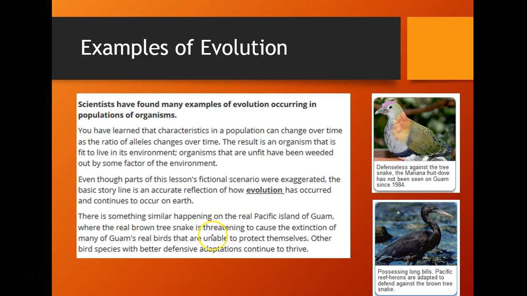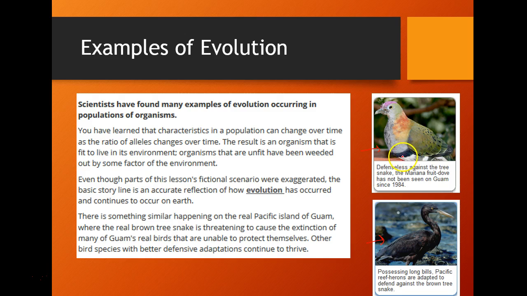And so if we were to look at the Pacific island of Guam, we would see these two birds right here. Okay, and these two birds are in two totally different situations. The first one is the fruit dove that has a lot of different colors, and so obviously it would be an easy target for the brown tree snake.